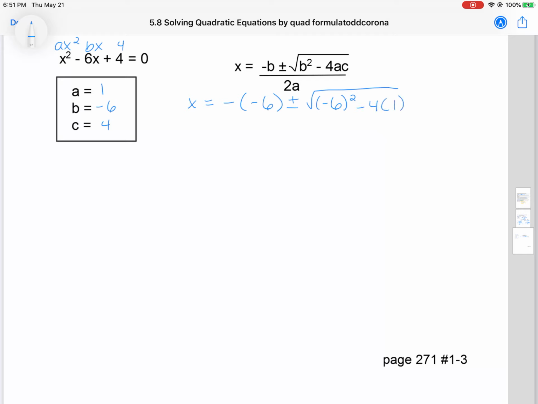Also, be careful, be careful, be careful. When you do -6 squared, you have to get positive 36. If your calculator doesn't do that right, then that could mess you up, okay? So be careful there.